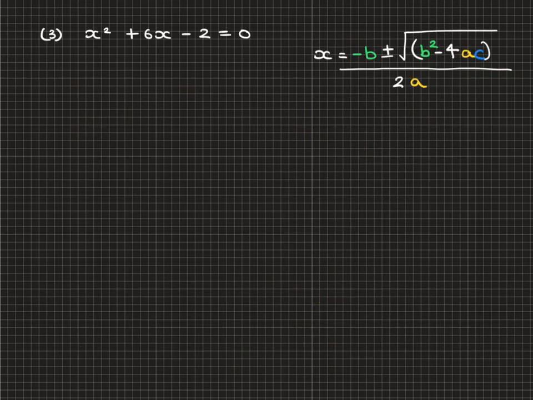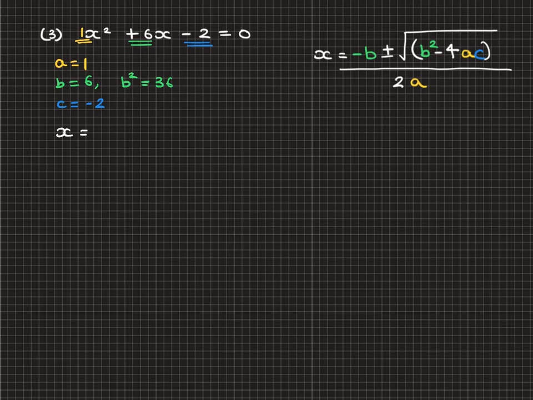So let's have a look at a third example here. As always, we're going to identify A, B and C to begin with. So again, we have A is equal to 1, B is equal to 6, and B squared is equal to 36. Then C is equal to -2. Let's immediately input these values into the quadratic formula on the top right over there.